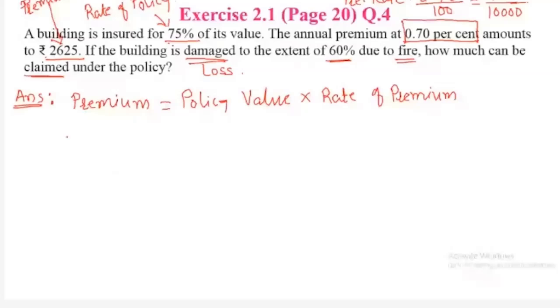So I'll say premium as it is. Premium is equal to policy value, whose formula is what? Policy value is equal to... So instead of writing policy value, in place of policy value, what will I write? Property value. Can I do this? Property value into rate of policy.